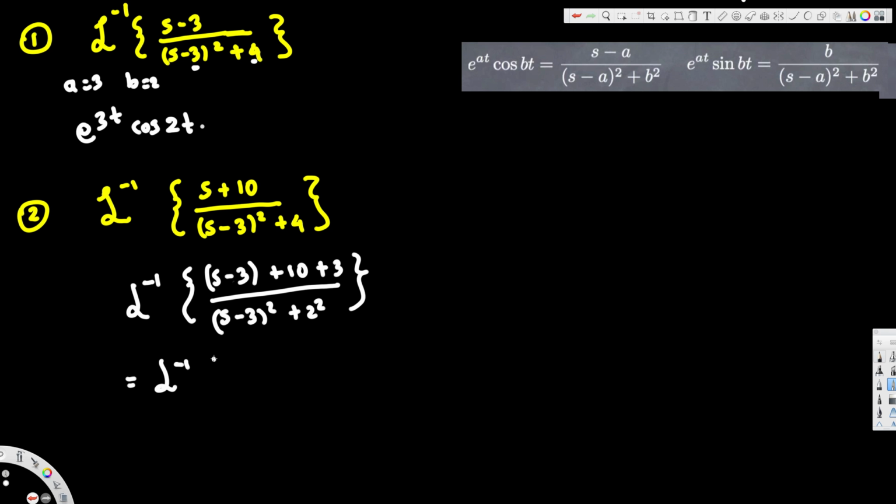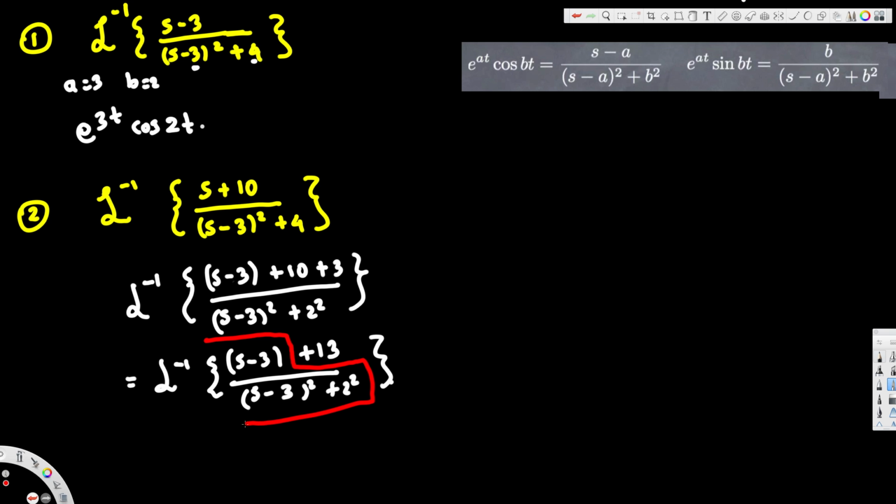This becomes the inverse Laplace transform of (s − 3 + 13) over (s − 3)² + 2². Okay, this is what we get. Until here we don't have any problem; we can transform to this pattern, but when we have this plus 13, we cannot do anything, so we have to do something.